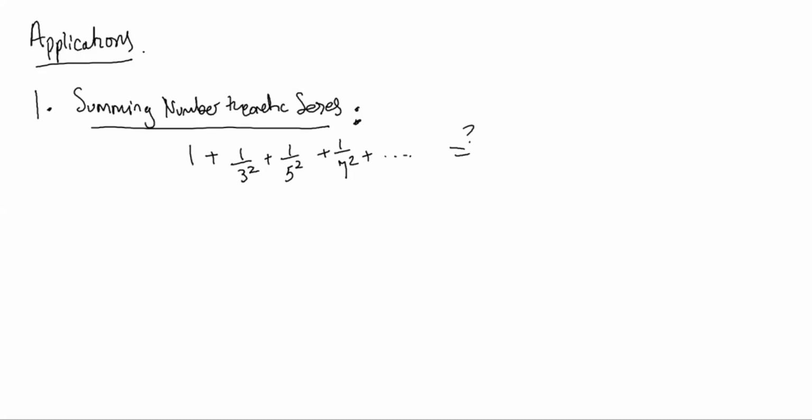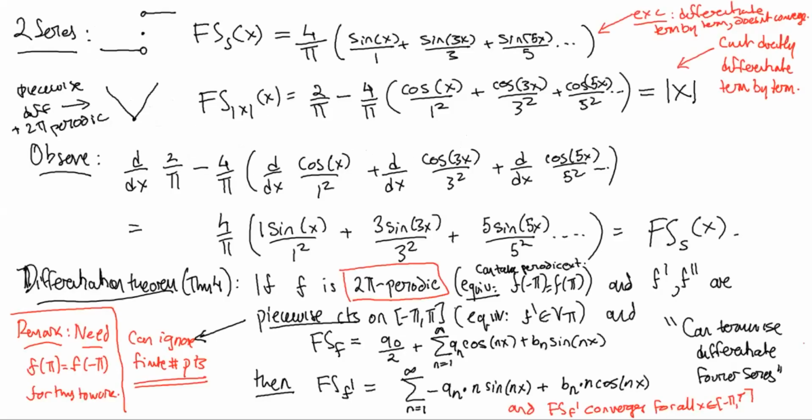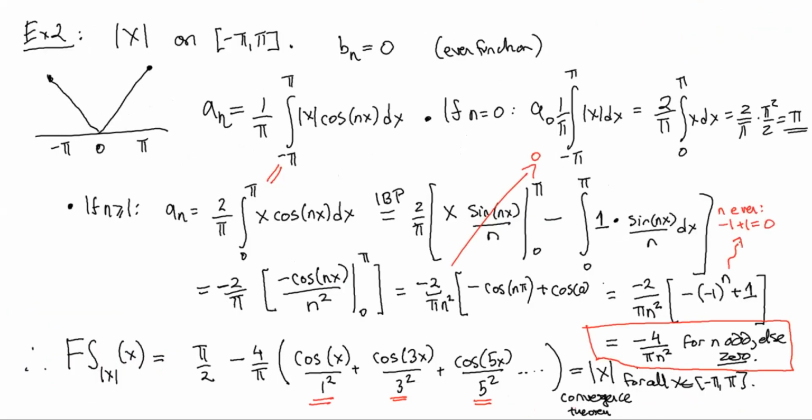How would you sum this series? Questions like this were open for several hundred years, actually. People had all these simple series to write down that they had no idea how to find. And then after Fourier series was developed, it turned out you could solve many of these questions very easily. And still, Fourier analysis is one of the main tools in number theory. So the answer to this is actually written here.